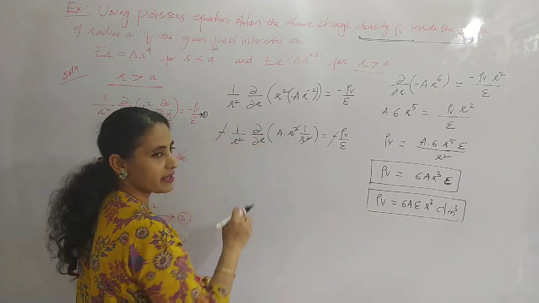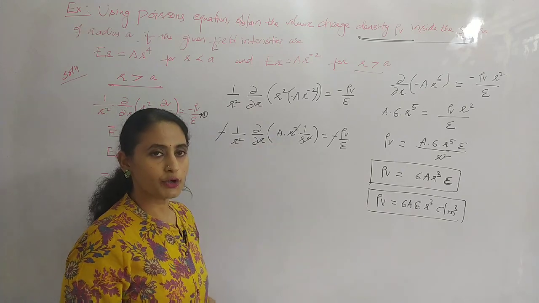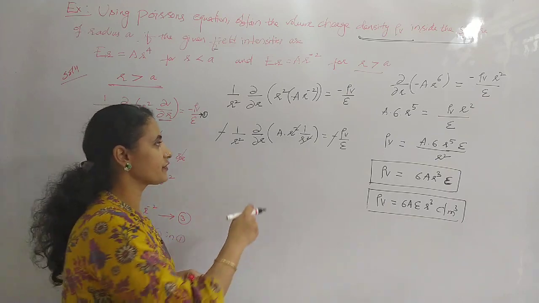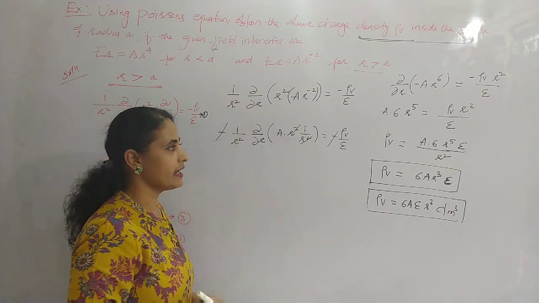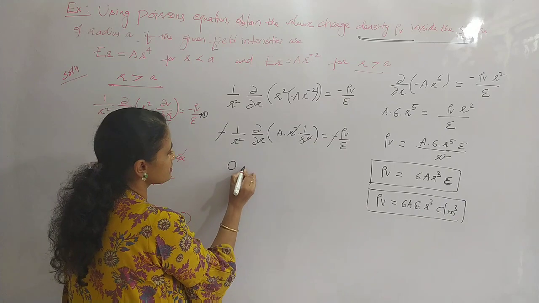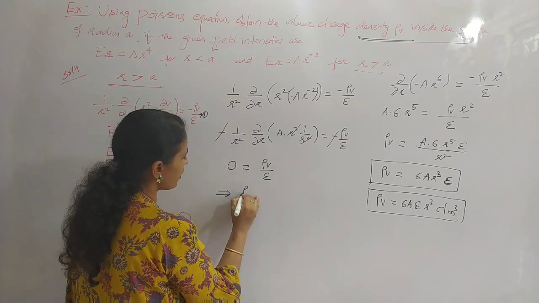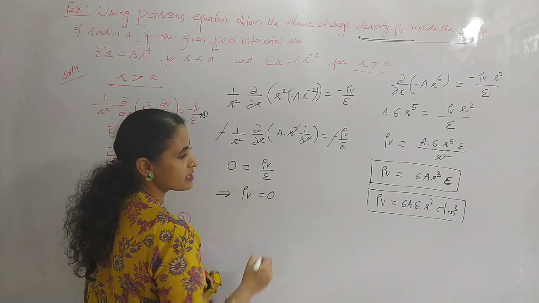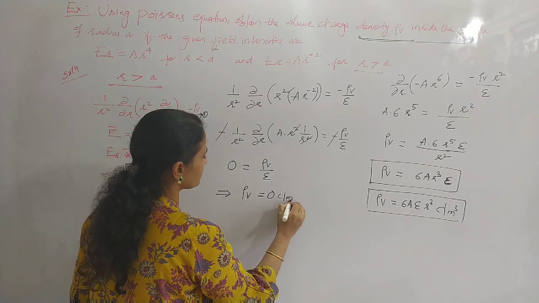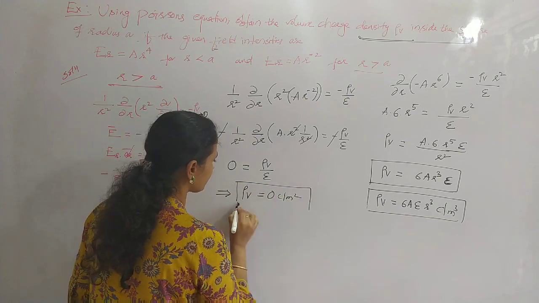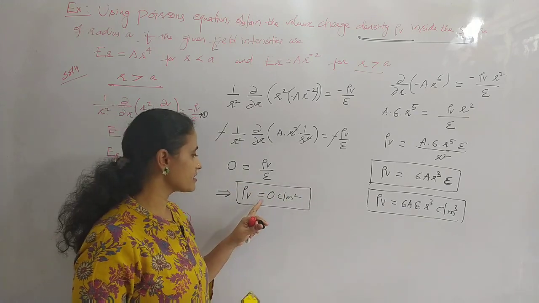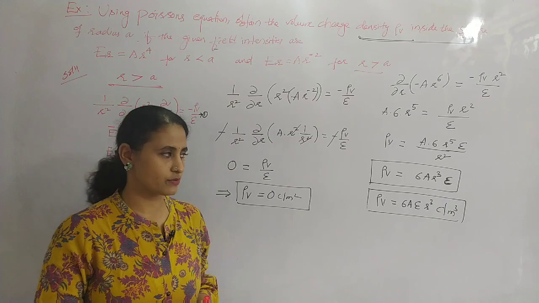So dou by dou r of a constant value; differentiating a constant with respect to r is 0. So 0 equals rho v by epsilon. From this, the volume charge density is 0 coulomb per meter cube.